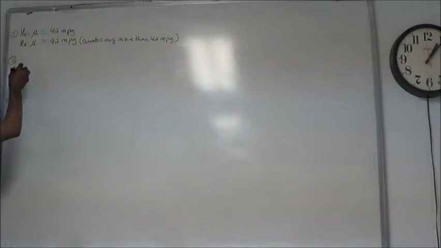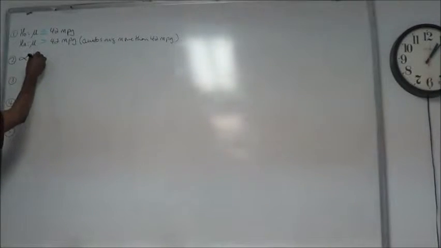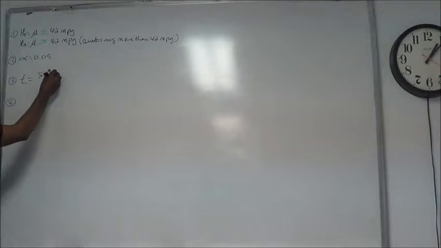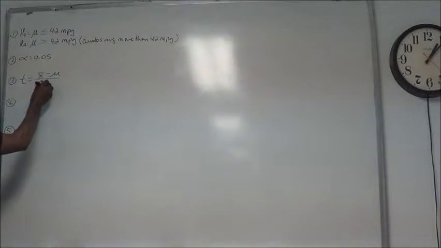Okay, what is alpha? 0.05. Okay, T or Z? T, because it's a sample. Do you know the population standard deviation? No, because it's a sample. So T is equal to x bar minus mu over s divided by square root of n.